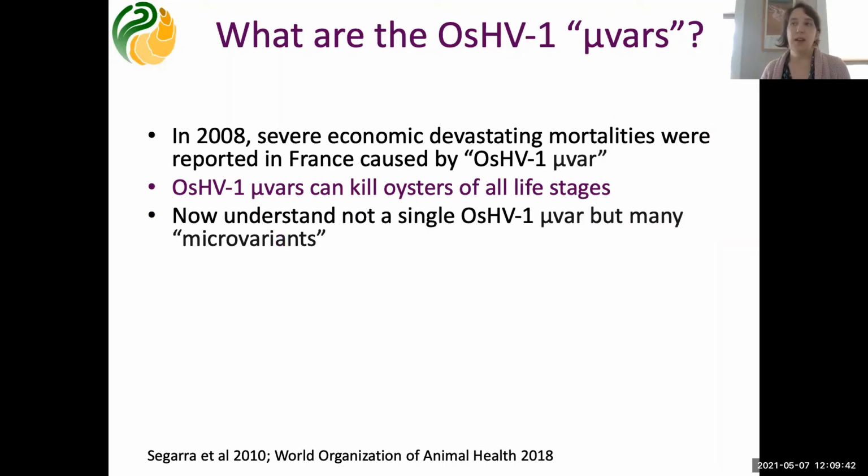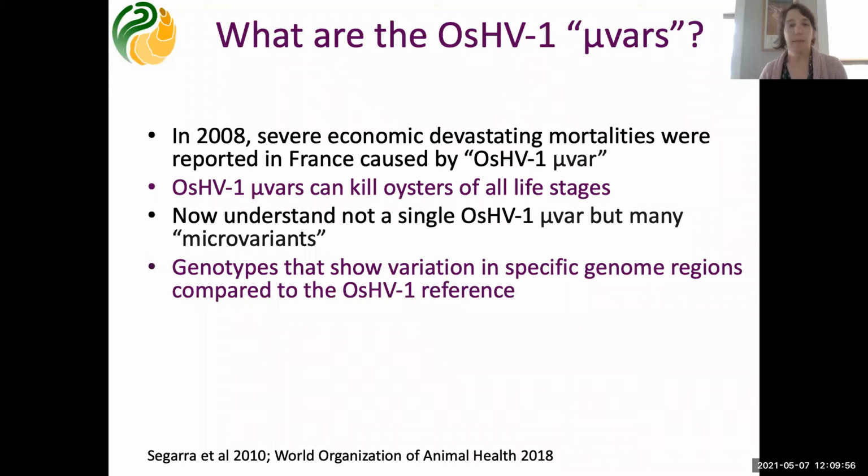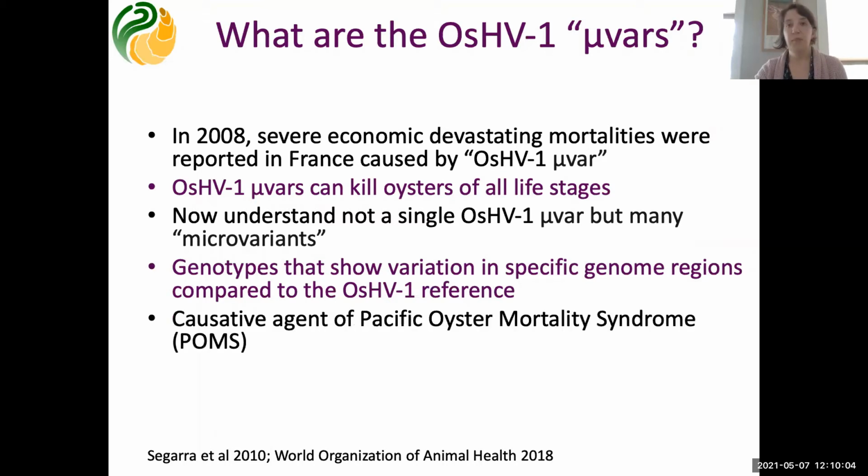Now we understand this is not simply one microvar, but many microvariants. Probably in the context of COVID, you understand there are multiple variants of SARS-CoV-2, so this probably makes sense to you. I'm not going to get into the specifics, but these are specific genotypes that show variation in genome regions compared to this OsHV-1 reference.